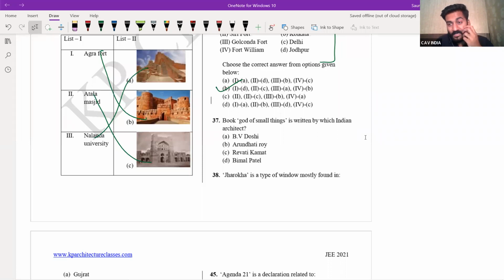Like, is there any prominent prize that they won, or is there any very famous book written by them, or what is their most famous work which is renowned at a world level. It's like, the book God of Small Things is written by which Indian architect? So it is by Arundhati Roy.